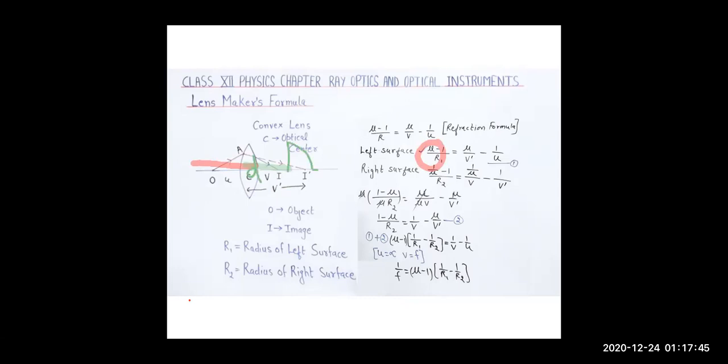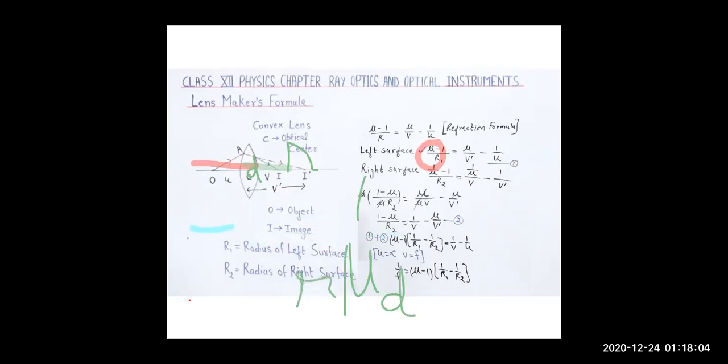So according to the principle of reversibility of light, we know mu, that is the refractive index of rarer medium with respect to denser medium, is equal to 1 upon, that is the reciprocal of, the refractive index of denser medium with respect to rarer medium.